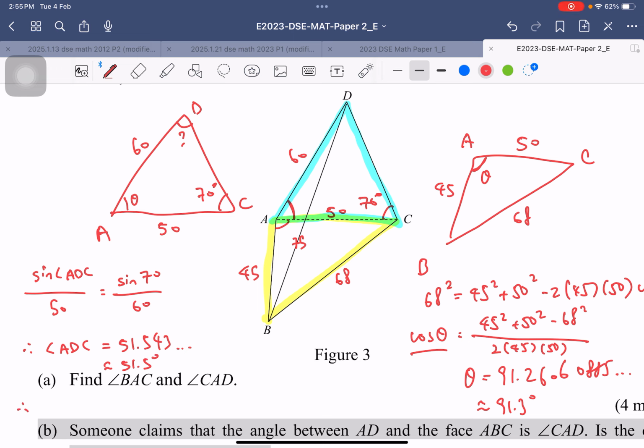So by using the angle sum of triangle, the required angle CAD is equal to 180 minus 70 minus 51.5, giving you 58.5 degrees. Understand?